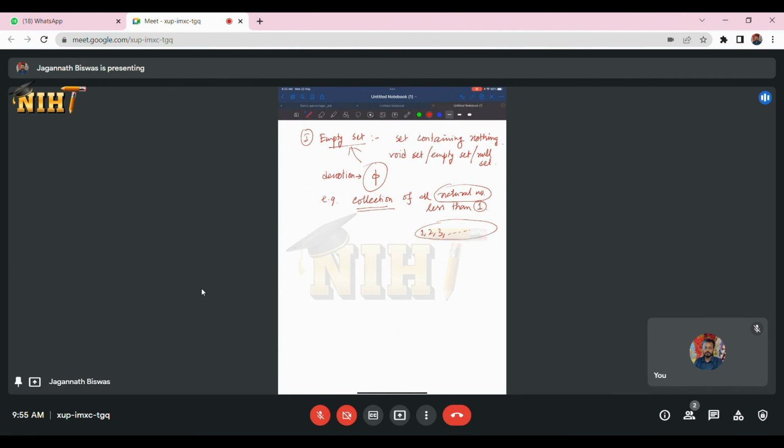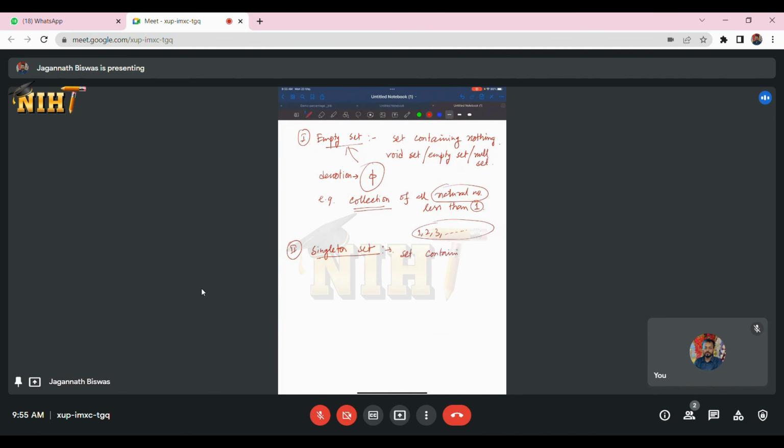Okay, number 2 is singleton set. Singleton set means the set containing a single element.